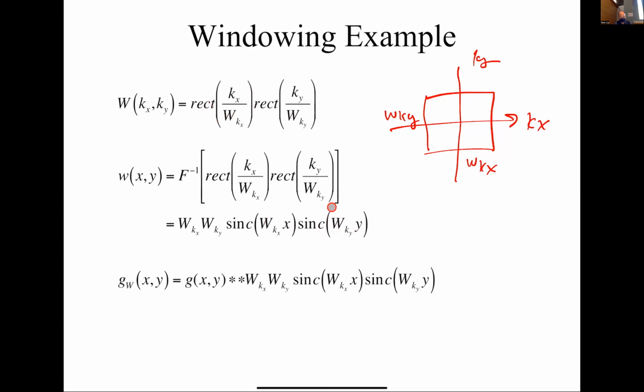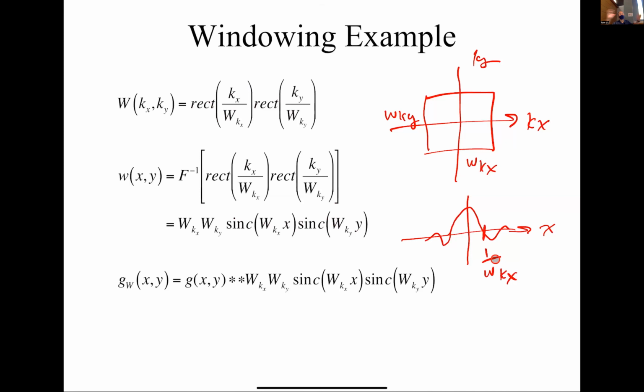And so these are going to look like, for example, in the x direction, it means I'm going to convolve with a sinc in x, which has its first zero at 1 over wkx. So that's basically the sinc function. So you can already see that as I make this wkx bigger, this 1 over wkx is going to get smaller, right?